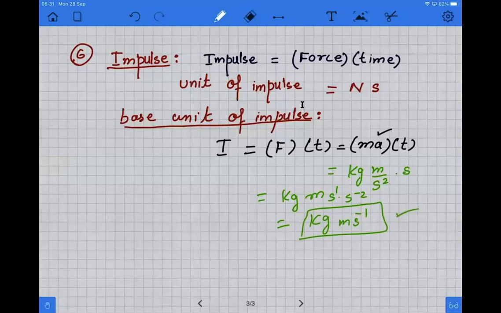It is same as the base unit of momentum. The reason being, actually the impulse is numerically equal to the change of momentum. That's why the impulse and momentum have same units. So change of a quantity and a quantity itself will always have same base units.